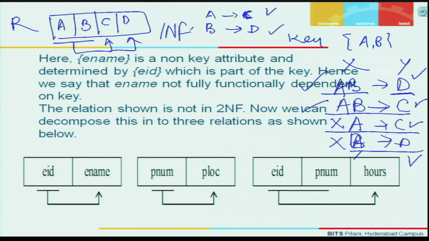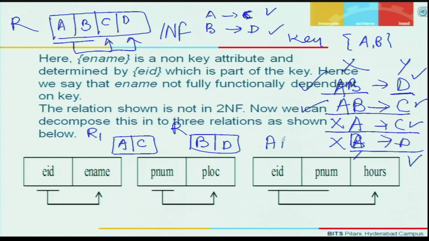I can perform decomposition, that means take the functional dependencies which violate the second normal form condition, take the union of the X and Y components, and put them in a separate relation. So I will create R1 where I will put A and C. I will take R2 and put B and D, and the remaining A and B will be in the original relation, that is R3. Now for R1, A is the key, for R2, B is the key, for R3, AB is the key.